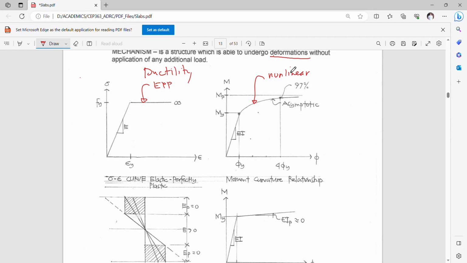And basically, the range of activity that we're talking about here, starting from the yield curvature up to the plastic behavior, is four times. Okay, so this is one, two, three, four times this yield curvature.